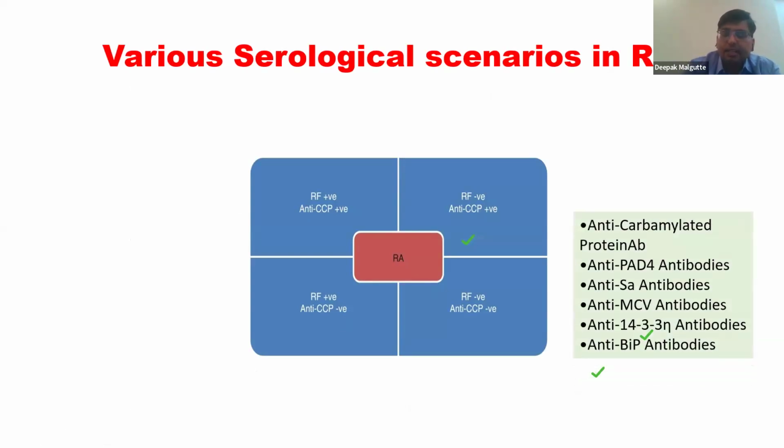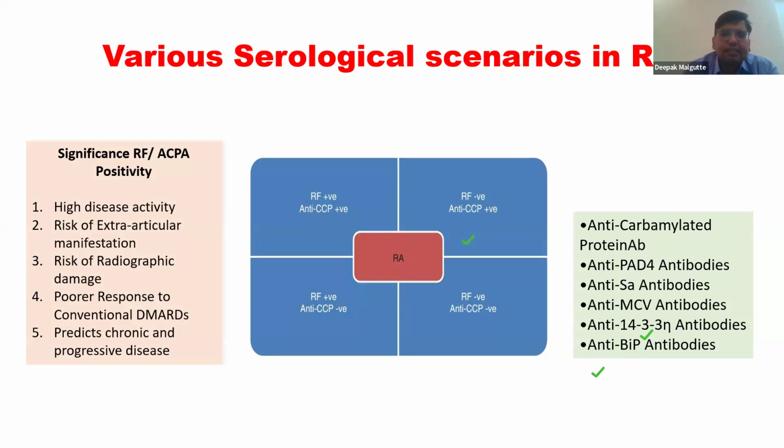Nowadays, some other tests are emerging, of which anti-mutated citrullinated vimentin is another antibody now available to test in patients who have seronegative arthritis. Then there are others like anti-PAD4 antibodies and anti-carbamylated antibodies, which are coming up. The significance of these antibodies is that they indicate the patient has high disease activity.